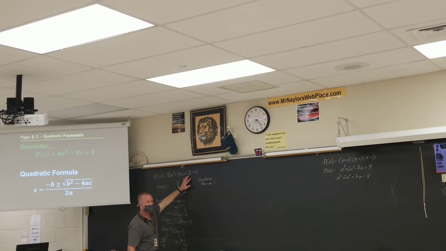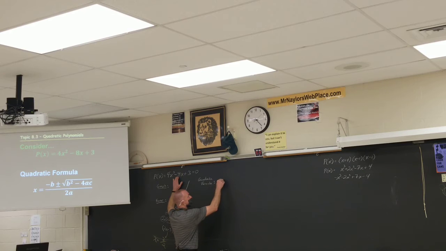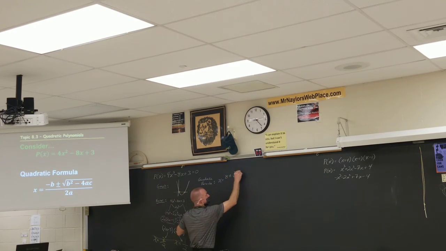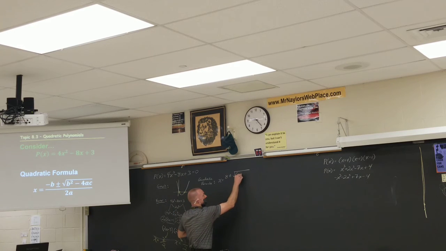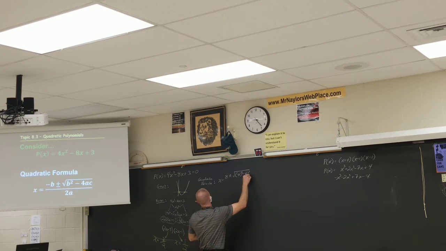And I would expect that you realize that a, b, and c are the coefficients, so it's the opposite of -8. Oh, the opposite of -8 is +8. As the song goes, plus or minus the square root of, okay, so b squared, -8 squared, minus 4ac.